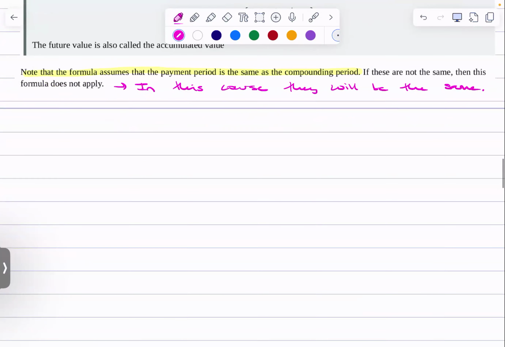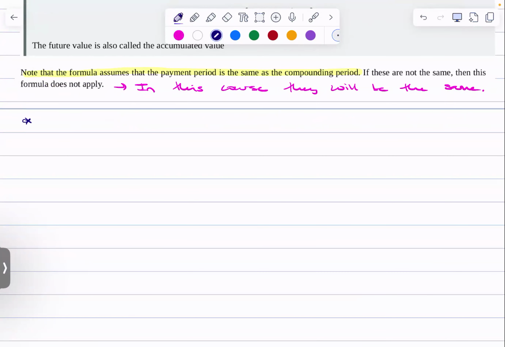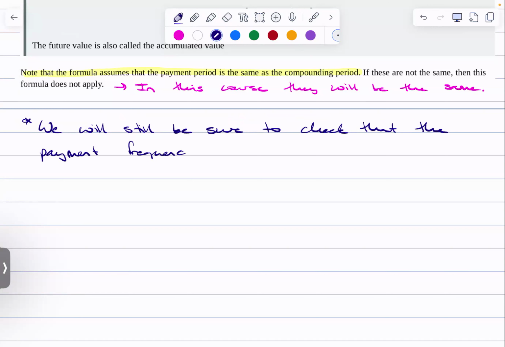And so we will still be sure to check that the payment frequency matches the compounding frequency.